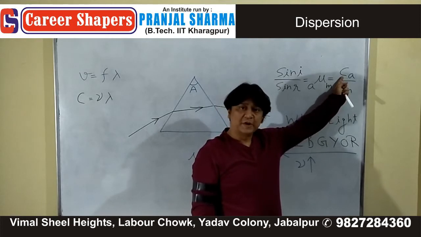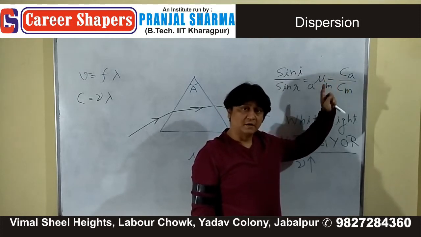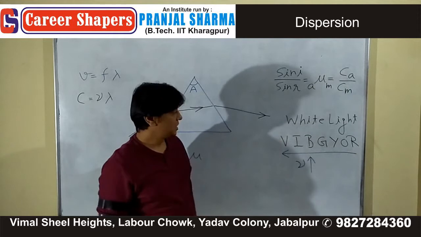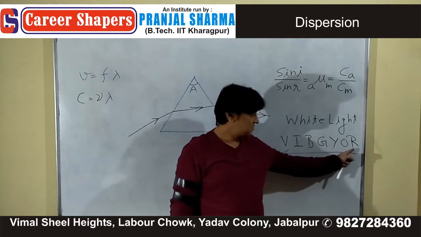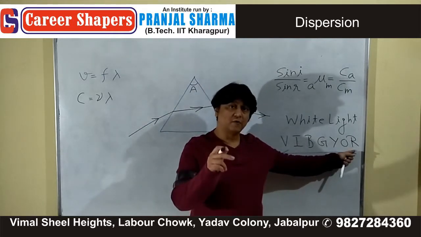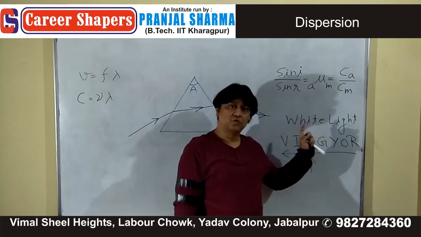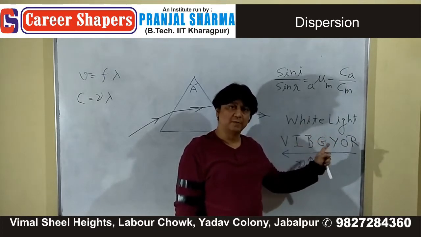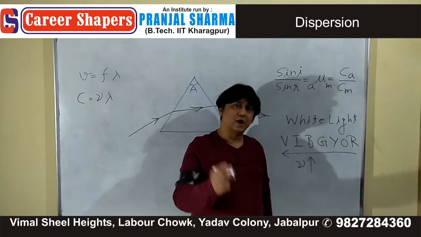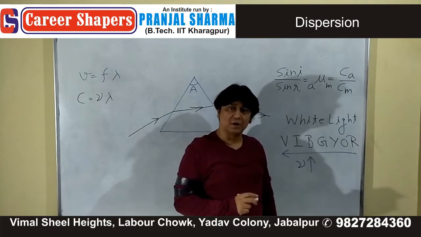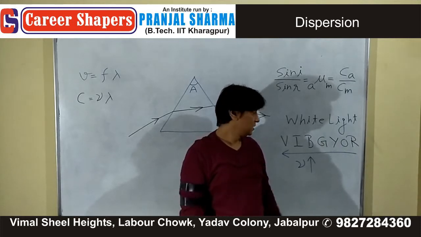Ca, speed of light in air or vacuum. All these colors, when they are in vacuum, travel with the same speed, which you know as 3 × 10^8 meters per second.